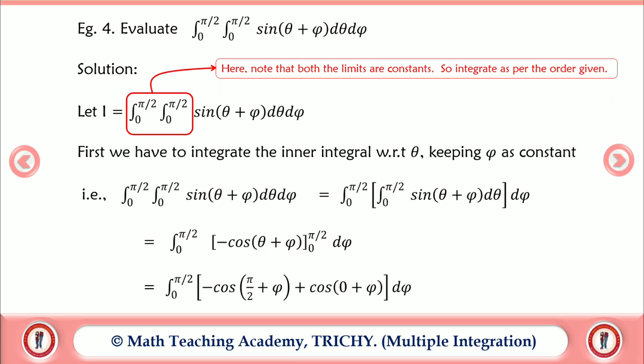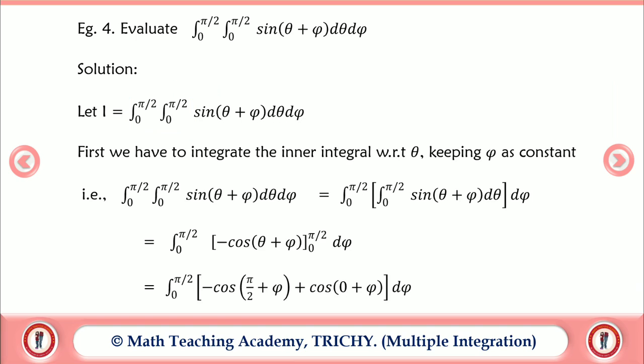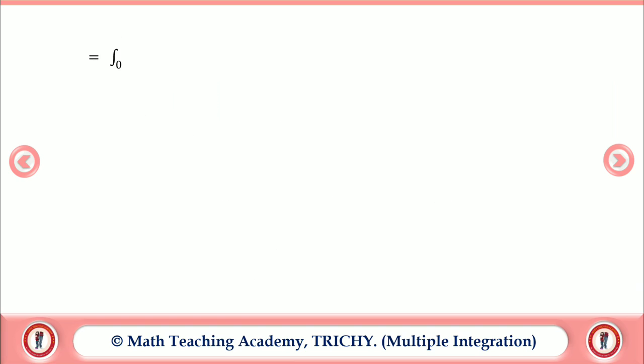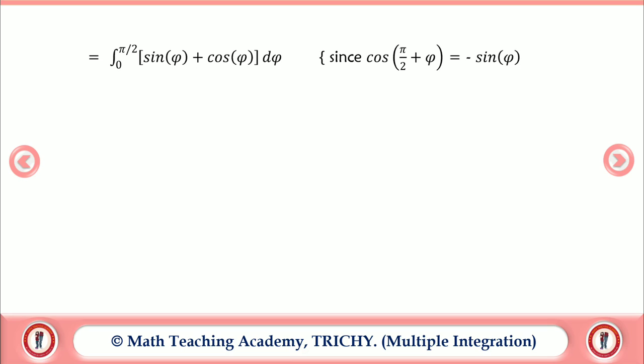Then what you will get is minus cos of pi by 2 plus phi, and then plus cos of 0 plus phi, into d phi. So that is equal to integral 0 to pi by 2 sin phi plus cos phi d phi, since cos of pi by 2 plus phi becomes minus sin phi.